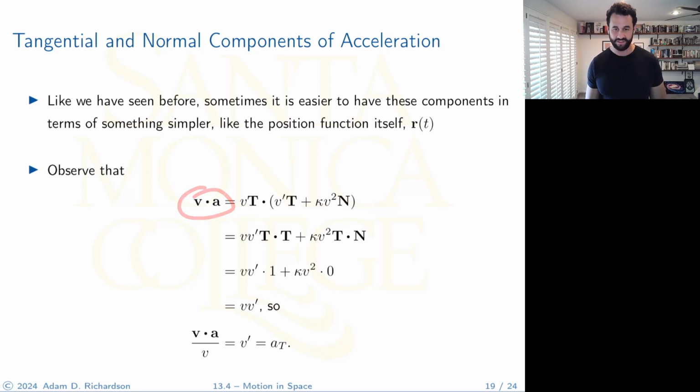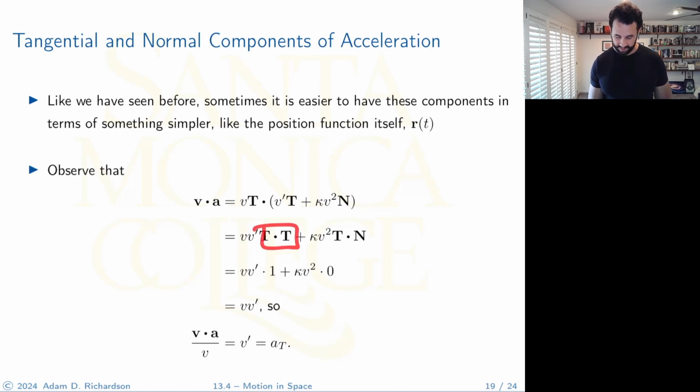If we dot the velocity and acceleration vectors and use those formulas that we have, we can do a little bit of algebraic massage and we get a nice formula here. So here we go. Remember the dot product is distributive, so you can distribute this factor to both of these terms and you get this, right?